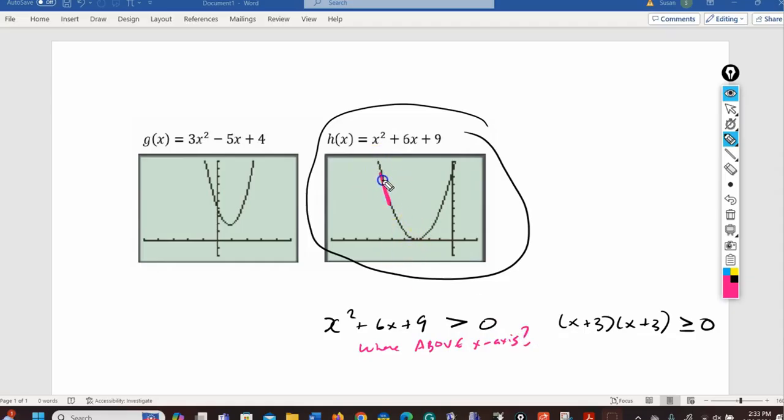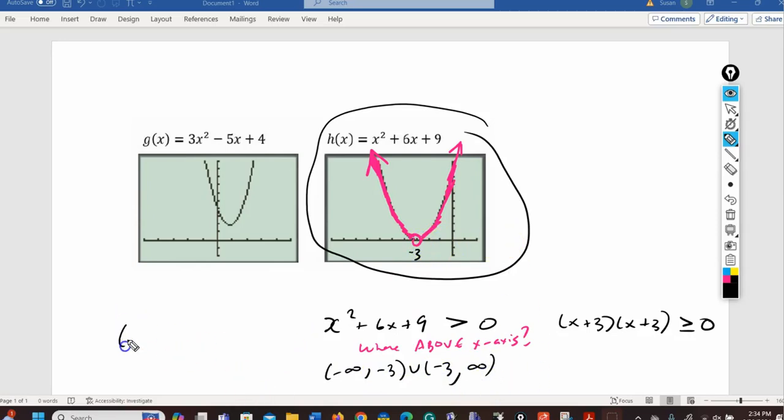Well, it's above until we get to here at -3. And at -3, it's on. And this question, they just want to know where it's above. Once we get past there, it's going to be above. So if that's the symbol, the answer is going to be, well, coming in from negative infinity up to but not including negative 3. And then going on to infinity forever.